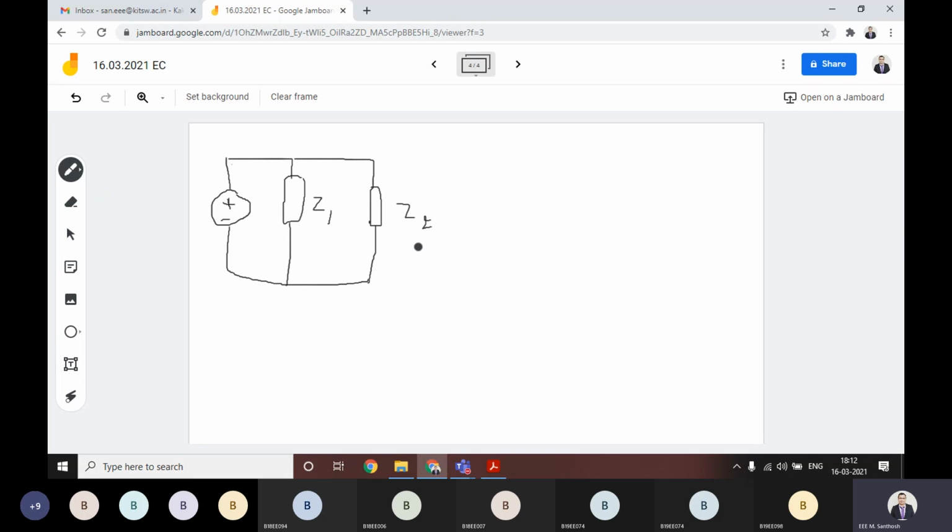Here what about the voltage across Z1? If the voltage source is supplying V, then the current flowing into the circuit is I. What about the voltage across Z1? V. Across this Z1, it is the same V. What is the voltage across Z2? It is also V, the same voltage.